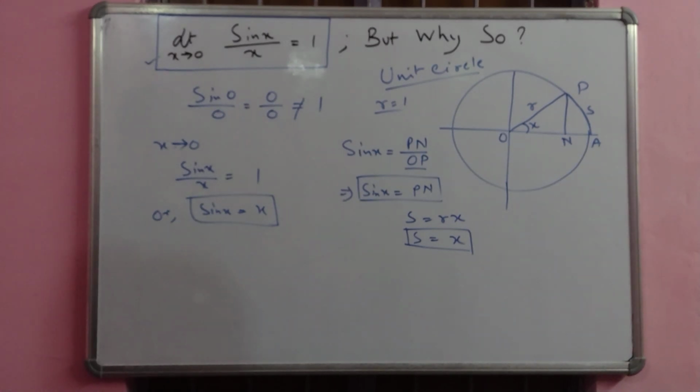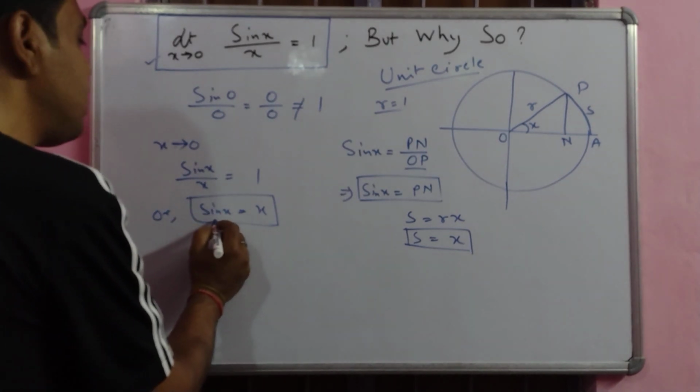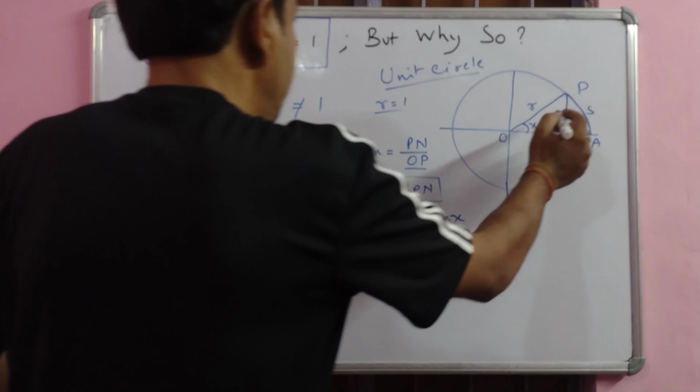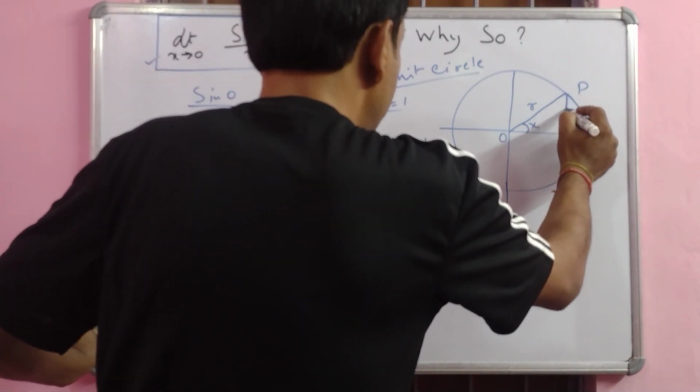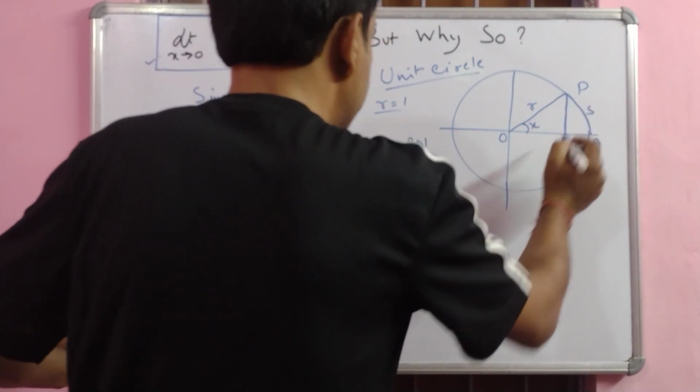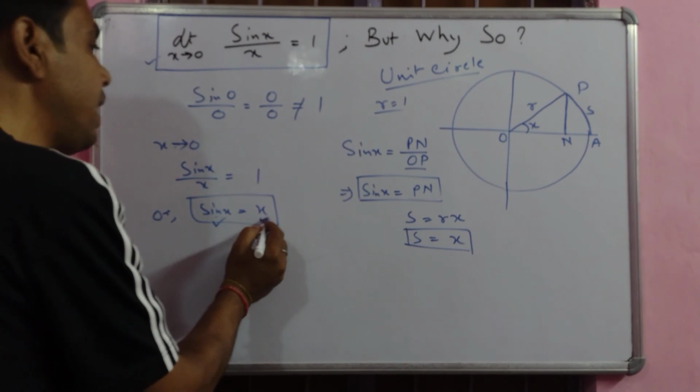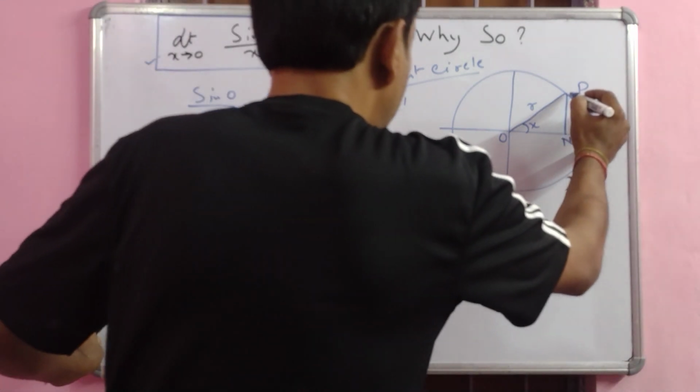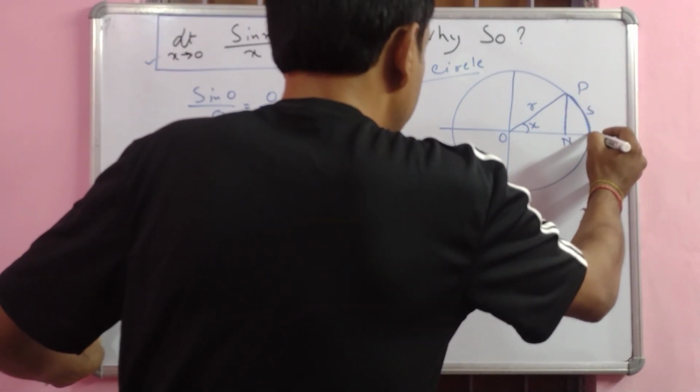Now what is sin x here? Sin x is PN, this perpendicular length is called sin x. And x is the arc length, this arc length.